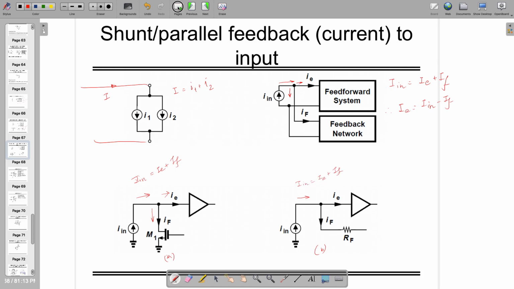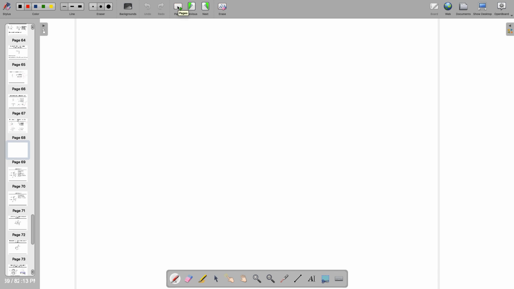So let's visit again what we were doing. There are two things. One is at the feedback side, where you're measuring or sensing the output. There you might have two quantities, voltage and current.